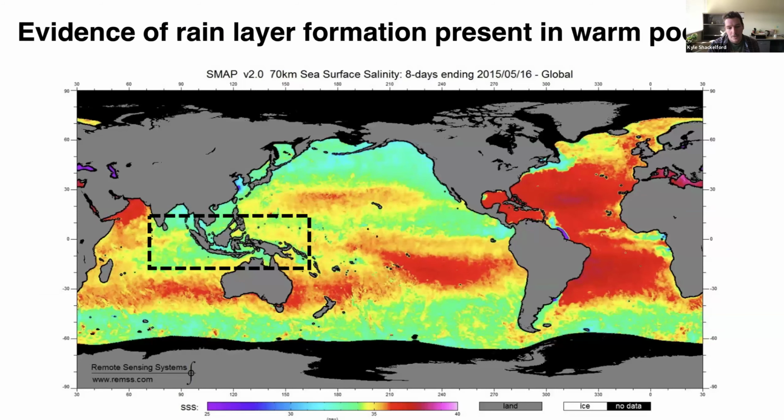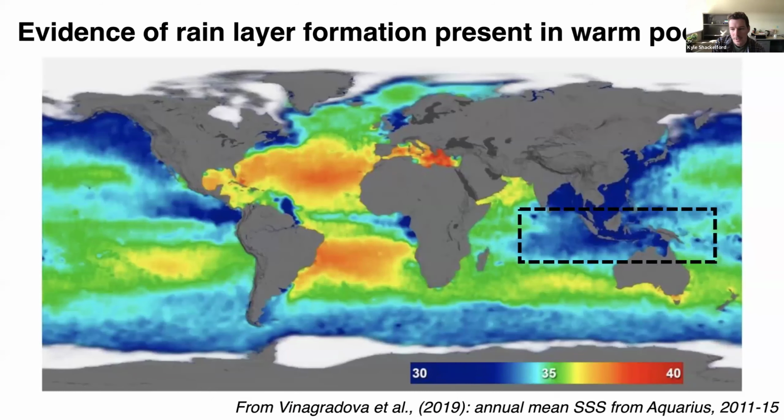And so when we think about where these might be forming, we can actually see some evidence in satellite imagery over short-term and climatological means that the warm pool region tends to feature reduced sea surface salinity, especially compared to the rest of the tropics. So here in this 8-day mean 2015 taken from SMAP, you can see reduced sea surface salinity over the tropical warm pool.